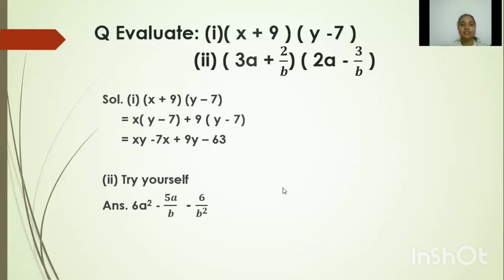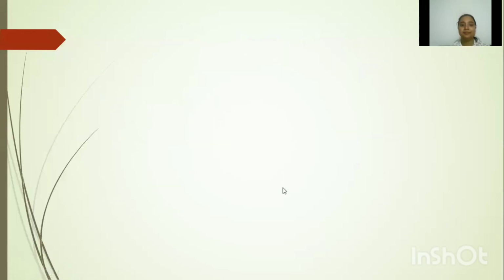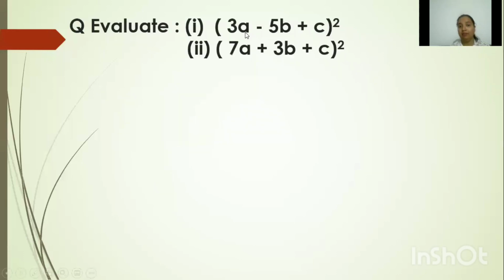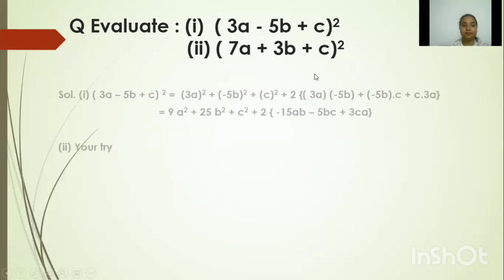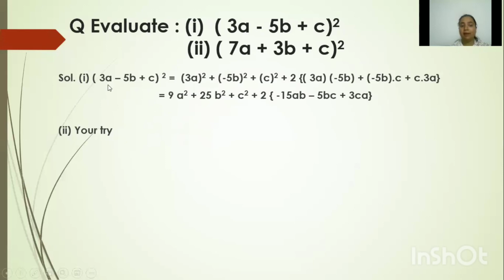Okay, now see, evaluate them. If a, then the second term, then the third term. If you have to do the square of three terms, 3a minus 5b plus c whole square. So, square of the first term, square of the second term, square of the third term, then 2 times ab plus bc plus ca rule.